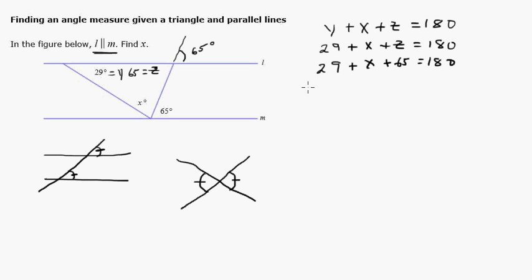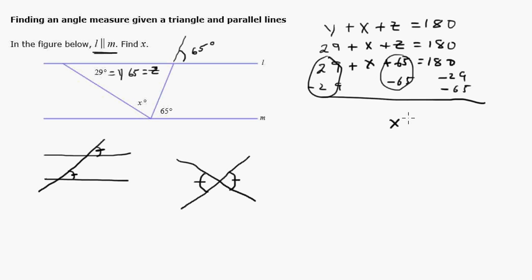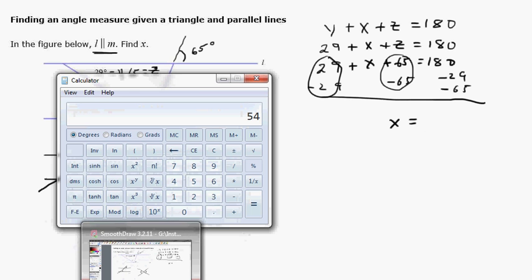What we're going to do is subtract 29 and 65 from 180. So we get x equals, and let's just pull up our calculator.